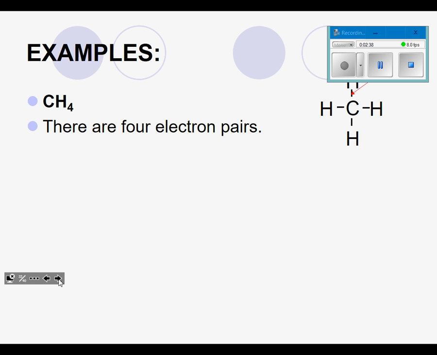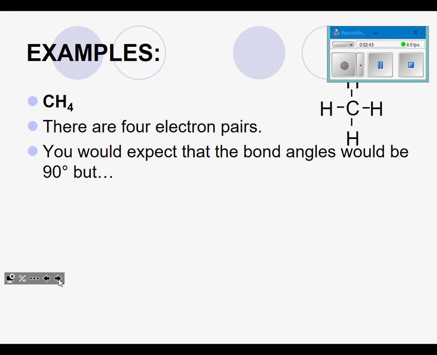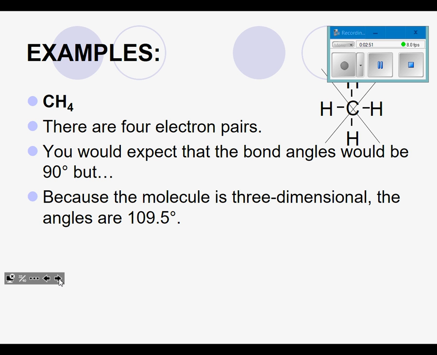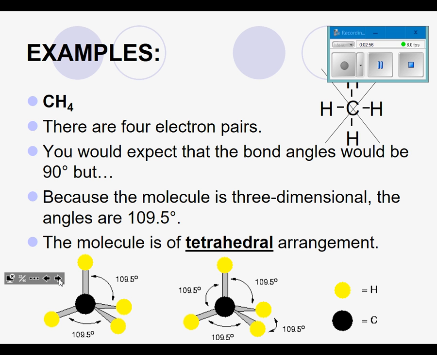And so there's 1 bond, there's 2 bonds, there's 3 bonds, there's 4 bonds. So we would expect these to be like 90 degrees around each other, like it looks when it's flat on the paper. But in real life, when it's in 3D, there's actually 4 regions, and they're 109.5 degrees apart.